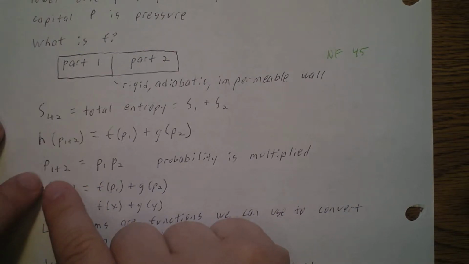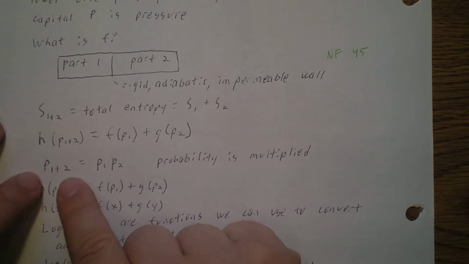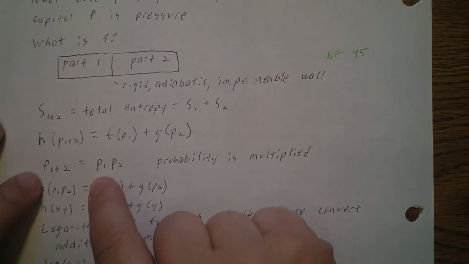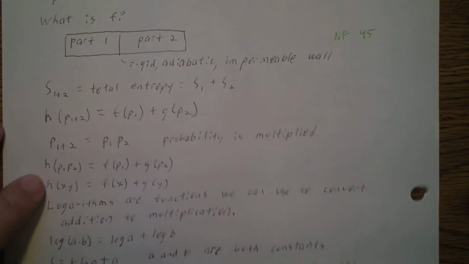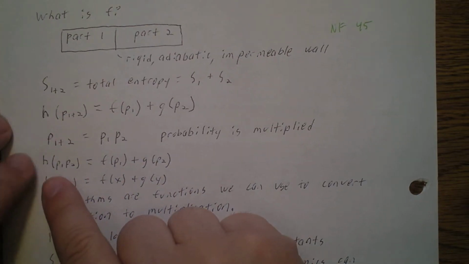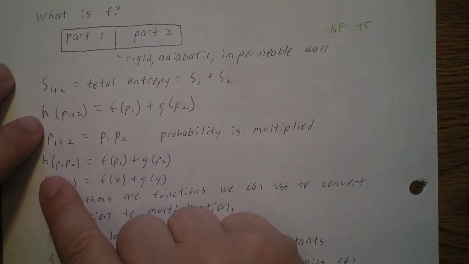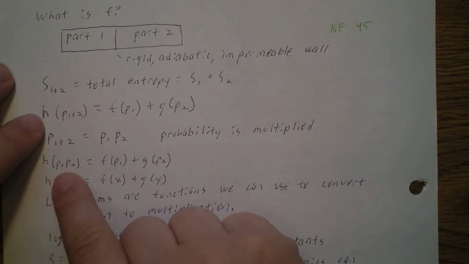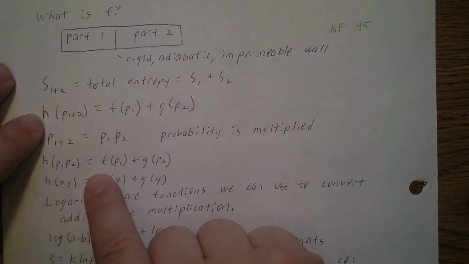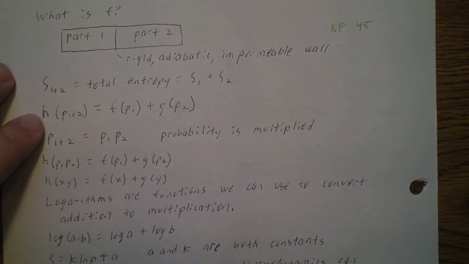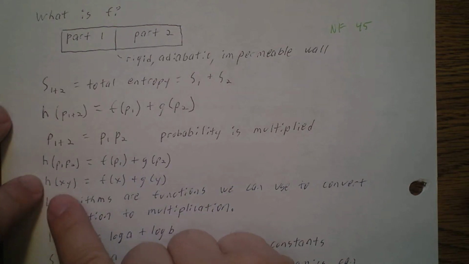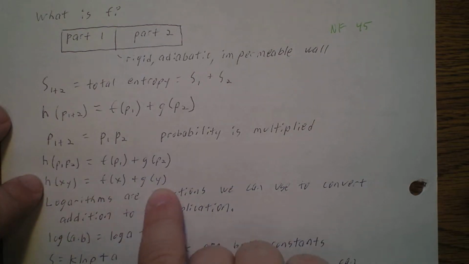So the probability of event 1 and the probability of event 2 is the probability of event 1 times the probability of event 2. So likewise, if we have this function h of probability of part 1 and part 2, it is going to be equal to f of part 1 plus g of p2. But h of xy is going to be equal to f of x plus g of y.